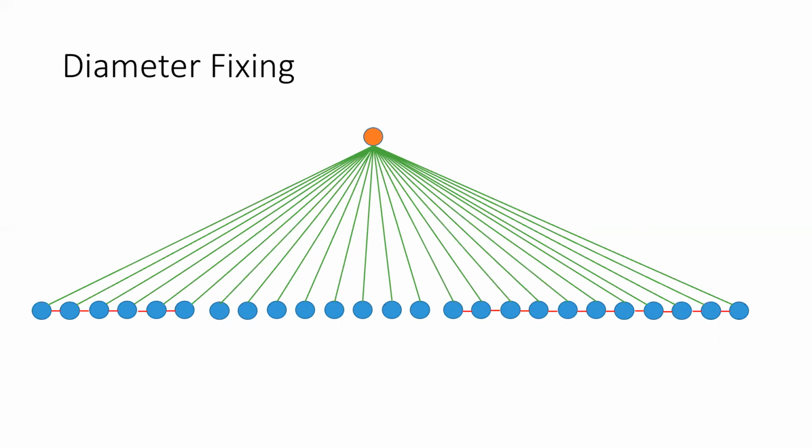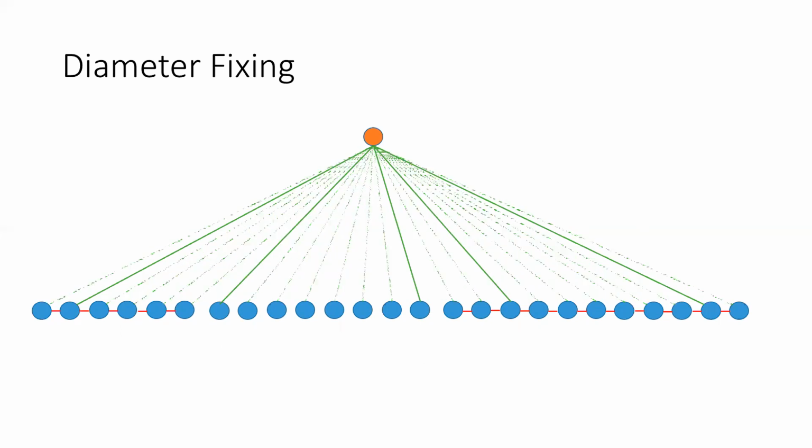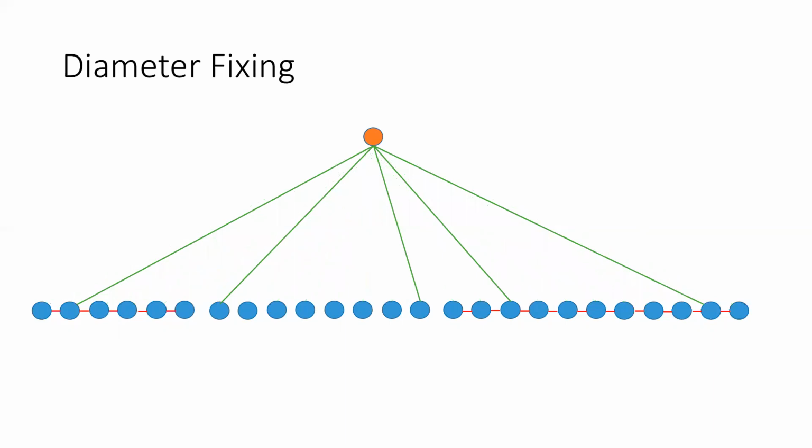It's actually not hard to see that with high probability, at least one edge among each consecutive k log n green edges will stay. Or equivalently, at least one node among each consecutive k log n nodes is selected. So as an important corollary, this implies that with high probability, the fixed graph has diameter at most k log n.